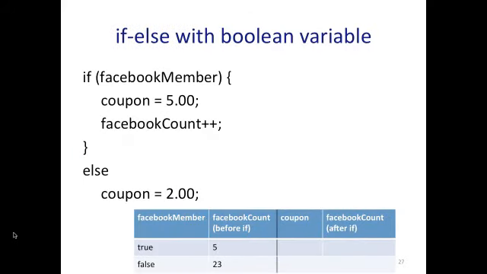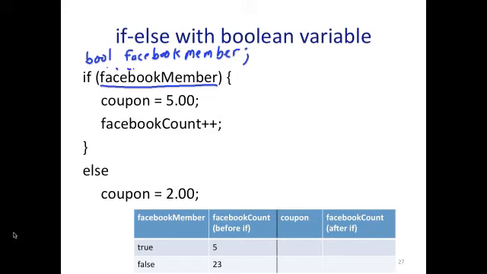Okay, and just kind of wrapping up, if we have a Boolean variable, then we don't even have to compare, because a Boolean variable already evaluates to true or false. So we might have a declaration bool Facebook member, and now we could ask, there would be some processing here because we'd have to assign a value to Facebook member.